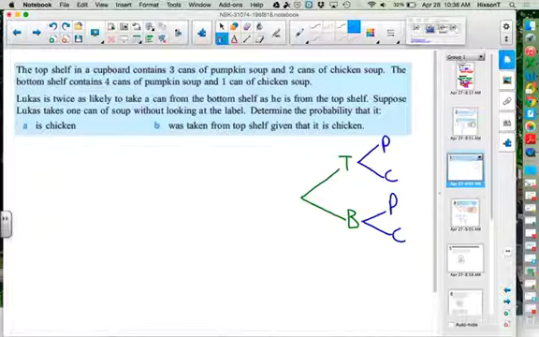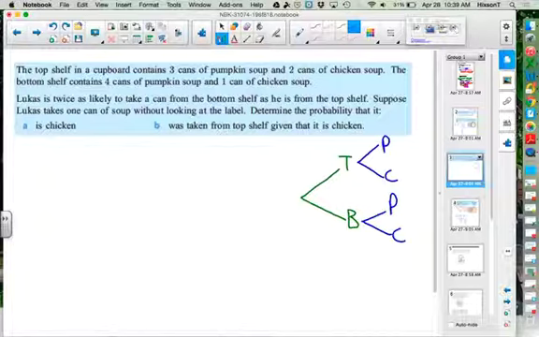Now, let's look at the second paragraph here. It says Lucas is twice as likely to take a can from the bottom shelf as he is from the top shelf. So it's saying twice as likely. So what are the probabilities here? If he's twice as likely to choose the bottom shelf as he is to choose the top shelf, we have to use thirds, right?